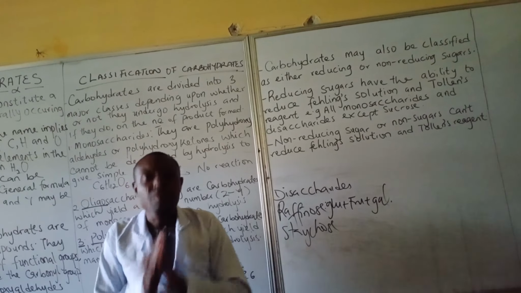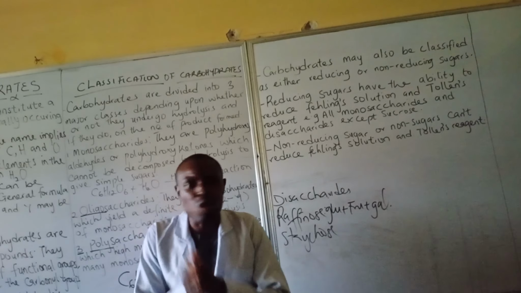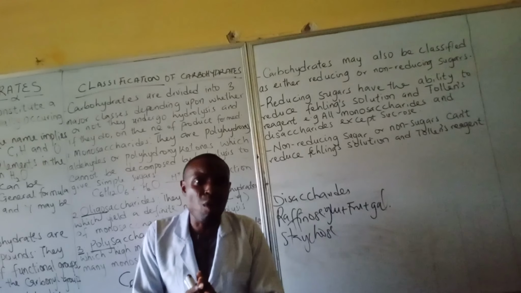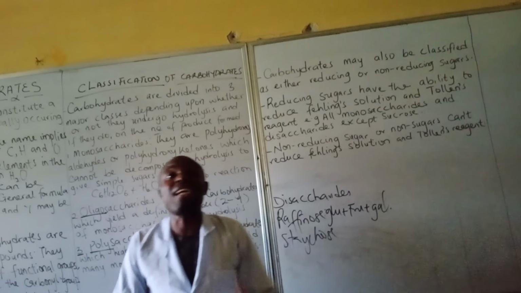While complex sugars are the opposite of simple sugars. They are amorphous in nature, tasteless, and do not dissolve in water. An example, of course, is the polysaccharides.